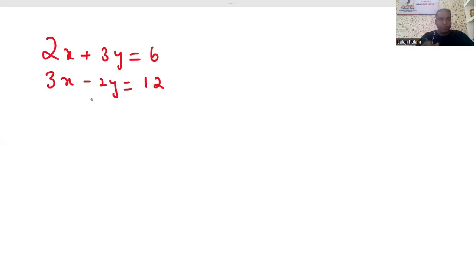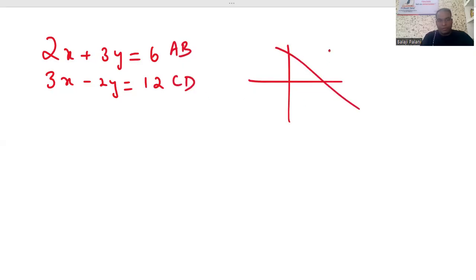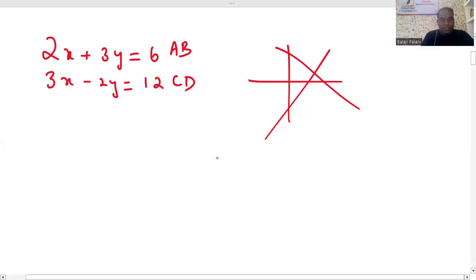So now we're going to plot these lines. Let's say the first line is AB, it is like this. And this is the line CD, it happens to be like this, for example. So what are the possibilities when you plot two lines on the coordinate plane?